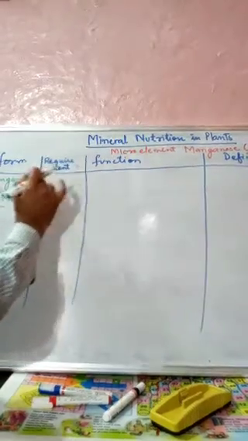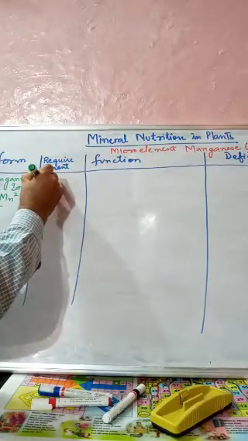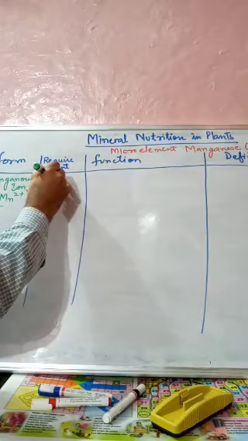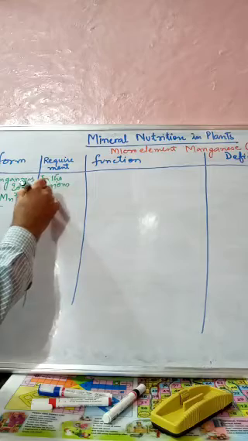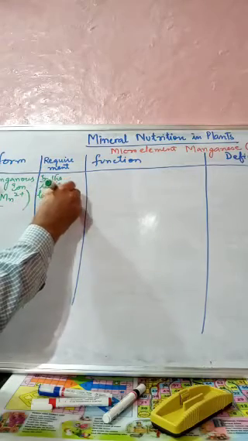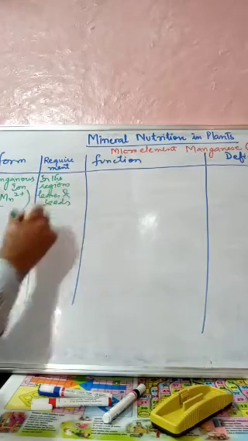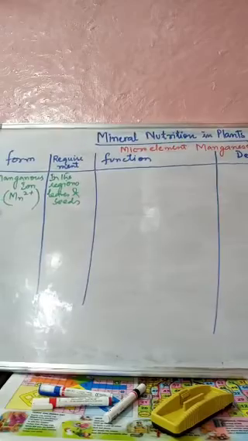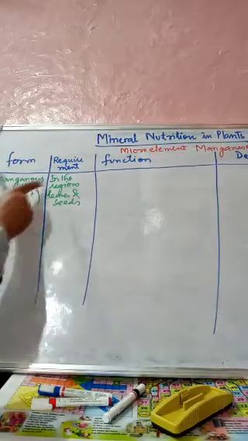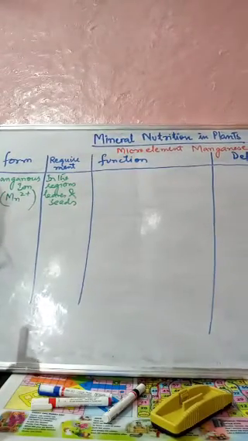Now, where is it required? It is required in the regions of leaves and seeds. So, first, it is absorbed in the form of manganous ion, which is divalent, in the regions of leaves and seeds.